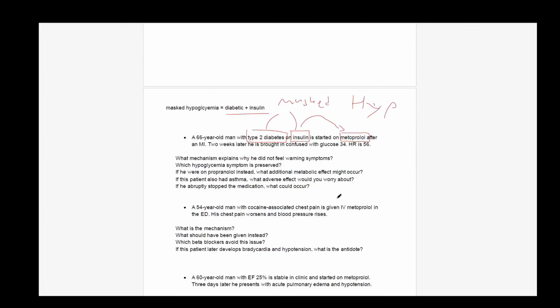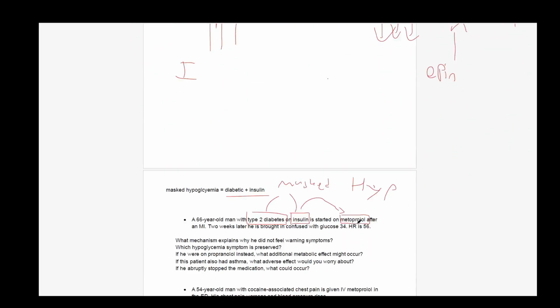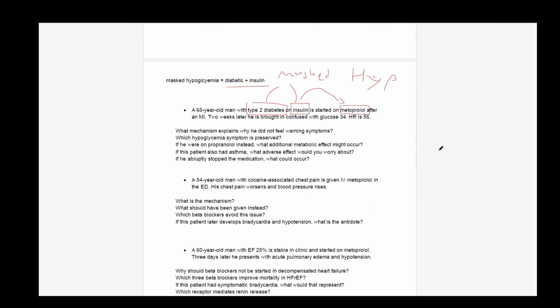When it comes to the hyperglycemia, what beta 2 receptors usually do is they increase insulin secretion, and that insulin secretion is going to decrease blood glucose levels. So when you have a beta blocker, specifically a non-cardioselective beta blocker, that is going to actually cause less insulin release, which means there's going to be increased glucose in the blood.